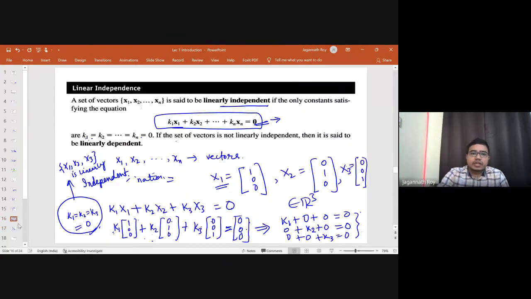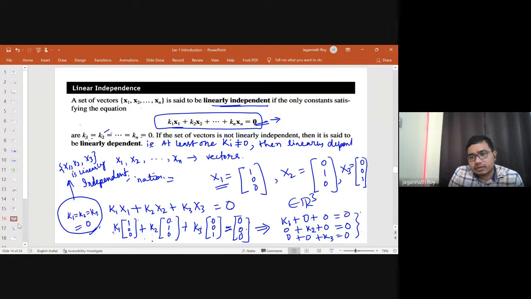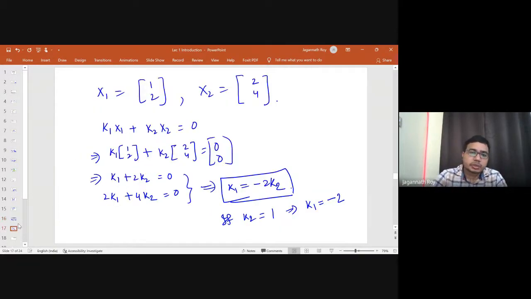So the condition that we have seen previously is that all the Ki's should be 0 for linear independence. If that is not happening, that is, at least one Ki is non-zero, then the vectors are linearly dependent. So that's the definition of linear dependence and independence. Okay.